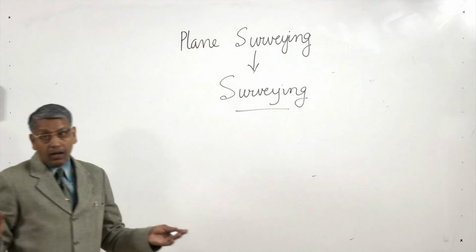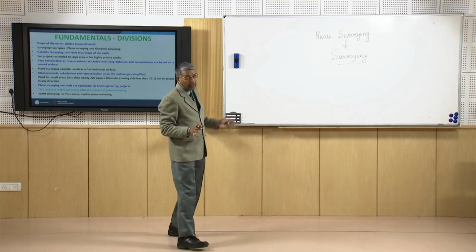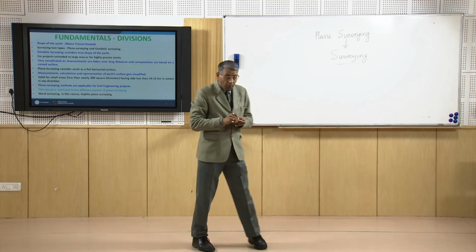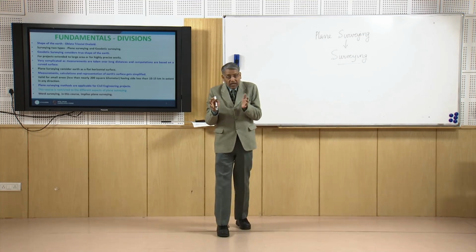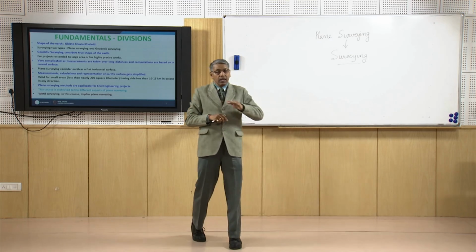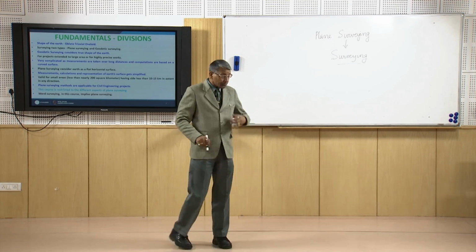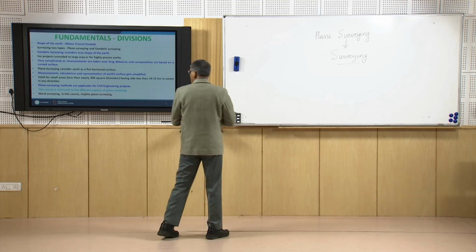By surveying we will understand that we are going for plane surveying. That means our area to be surveyed is of such a small extent that there is no difference between the curved surface of the earth and the plane surface of the earth.